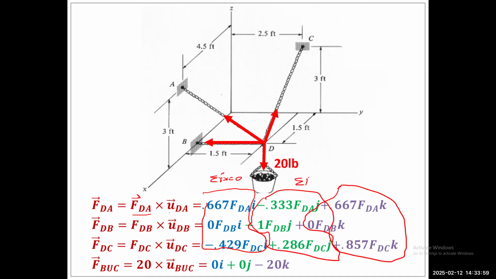For the green, the sum of the forces in the Y equals 0. And for this one, the sum of the forces in the Z equals 0. And so you have 3 equations, right? The last one that we have down the bottom here is just telling you that it is the force in the Z direction.